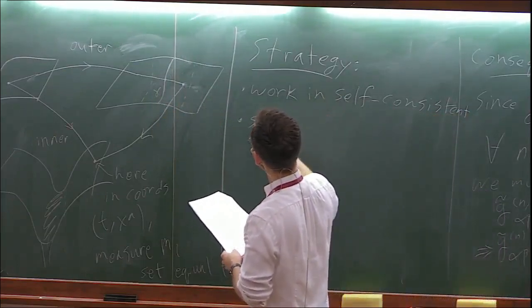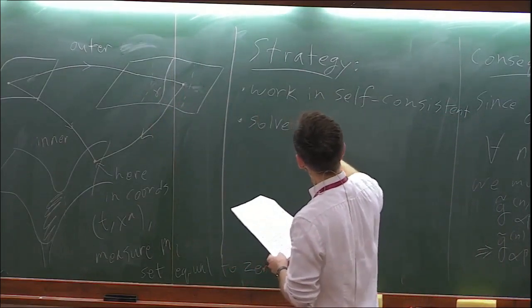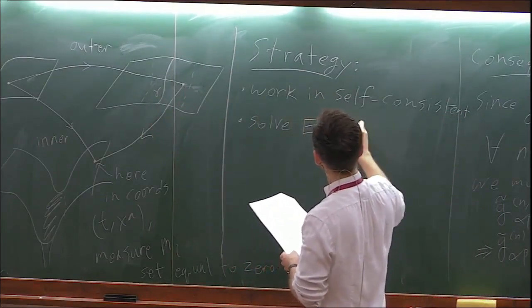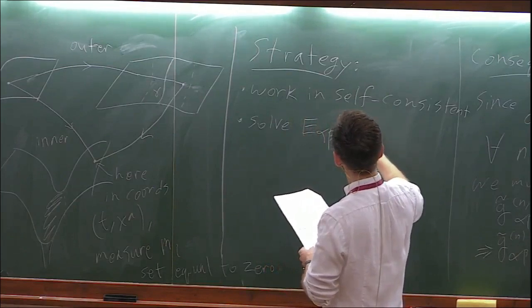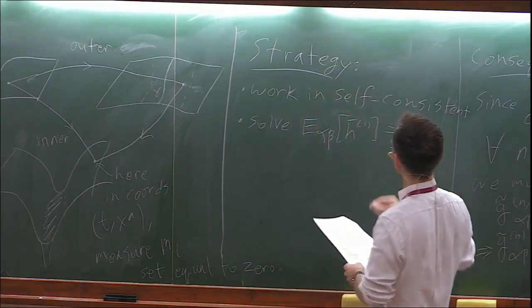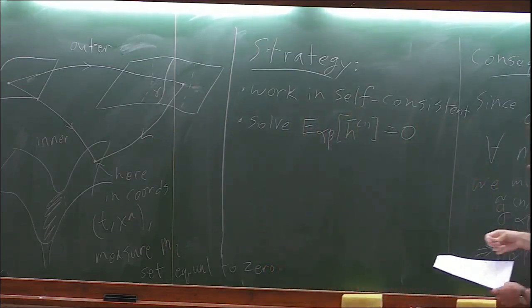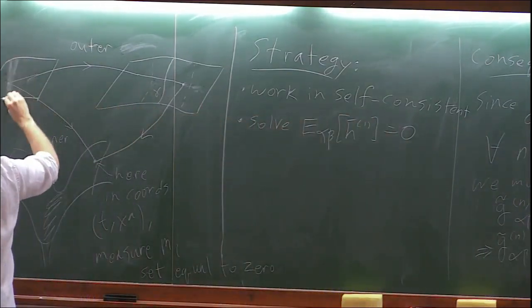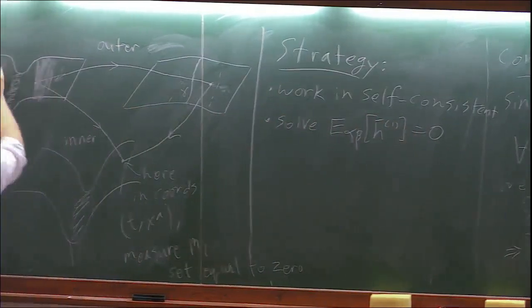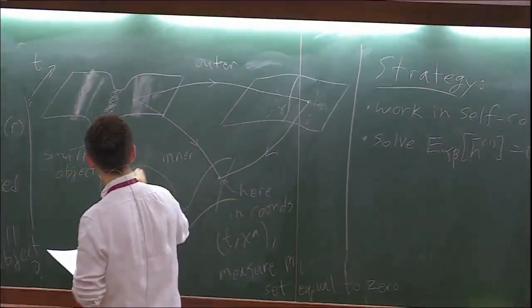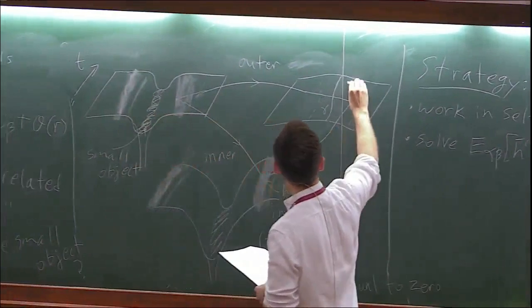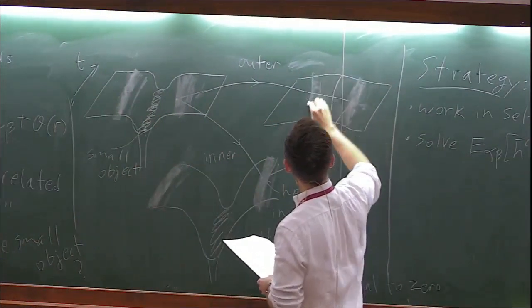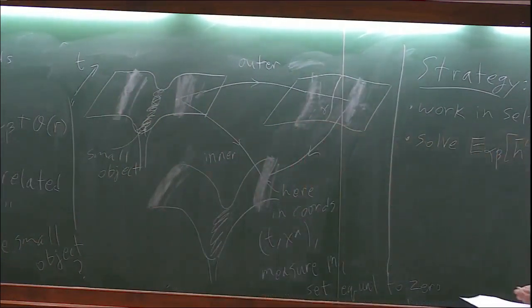We're then going to solve the first order Einstein equation, but we're going to be working in this buffer region out here, which is outside of the object, so we're in vacuum. We don't have a stress energy tensor on the right-hand side.